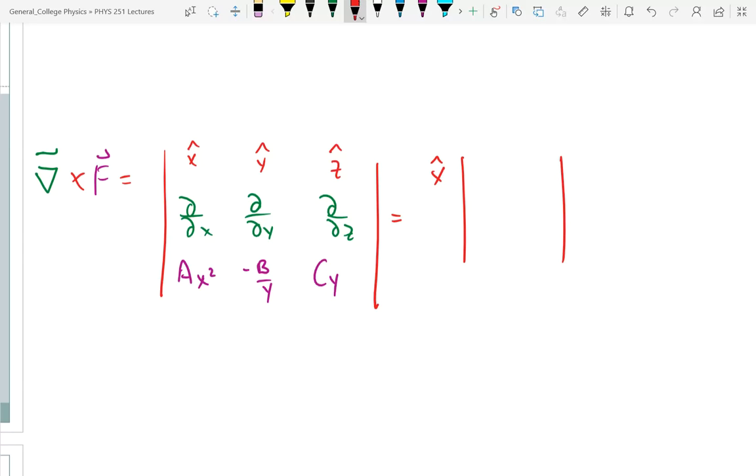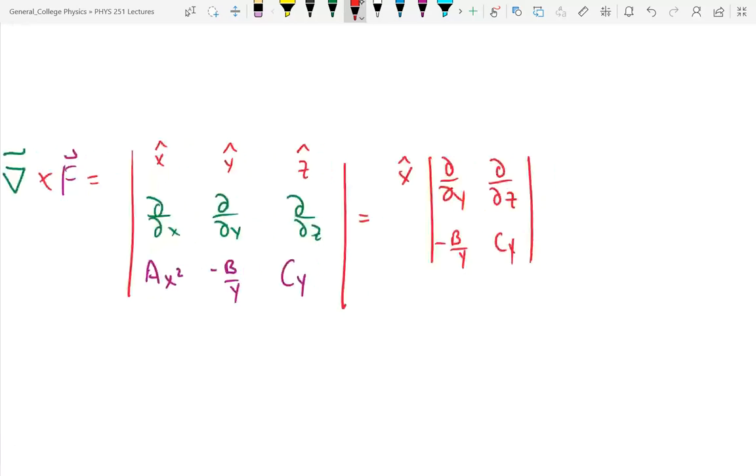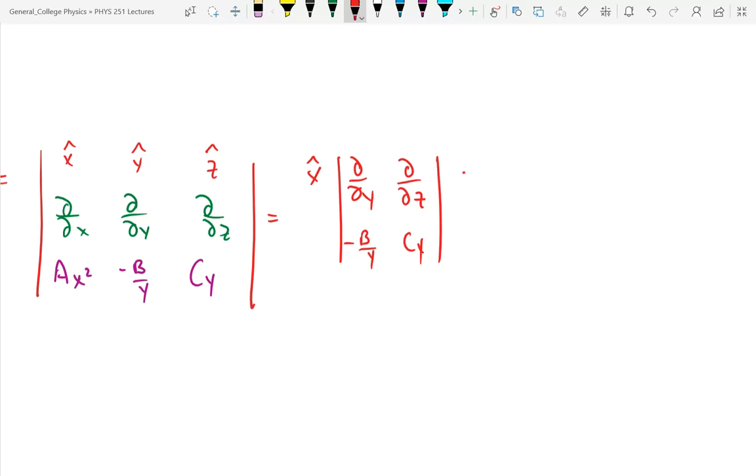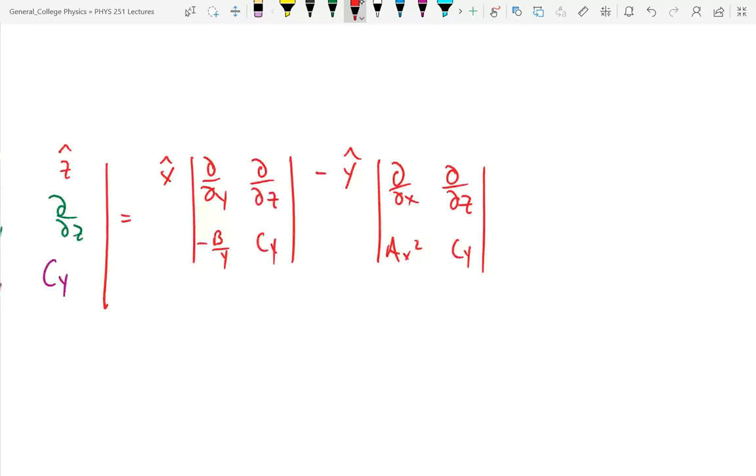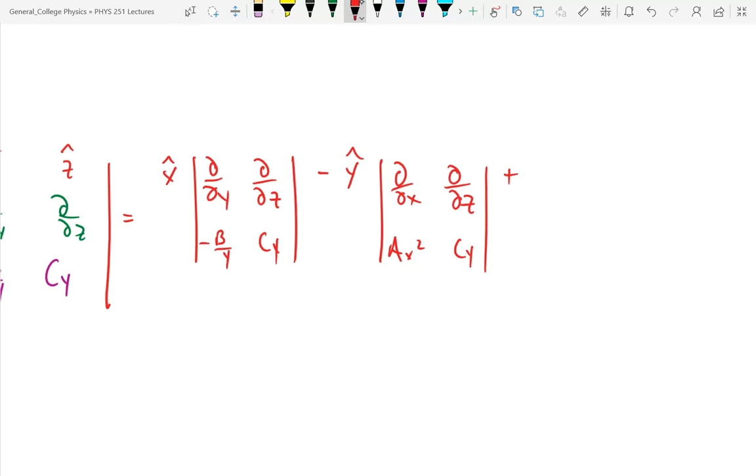So the co-matrix is take out the row and column of, in this case, x hat. Then you subtract the second item, and otherwise it's the same. And then you add the last item.